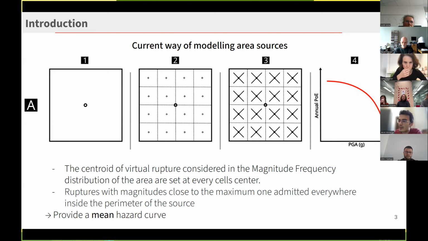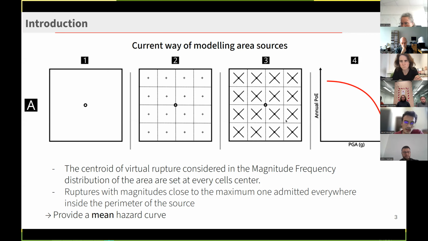But let's take a period of investigation time of, I don't know, billions of years. We will have a rupture that can happen everywhere in the region because we take a very long period of time.